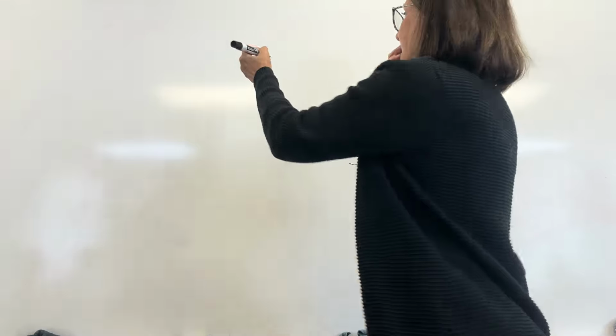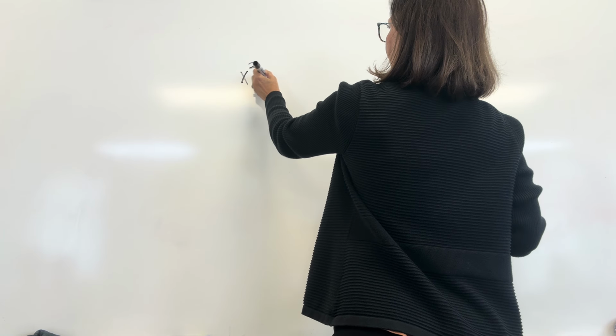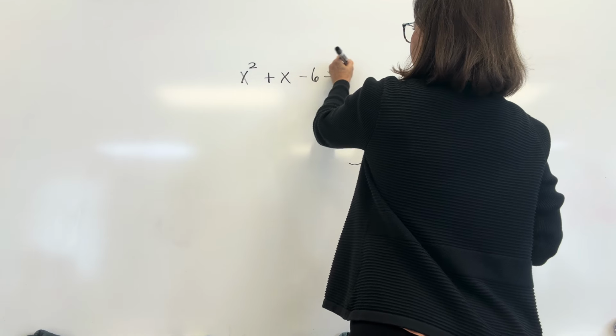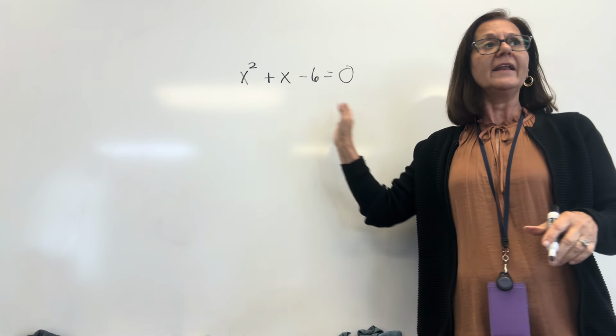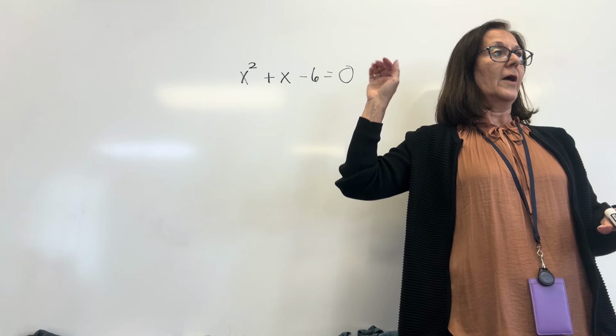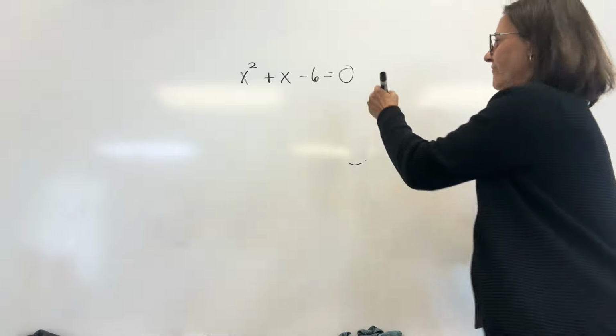So instead of x squared plus x minus 6 equals 0, how did we factor this? What question did we ask ourselves? What are factors of?